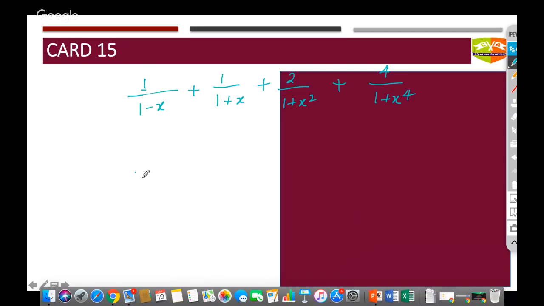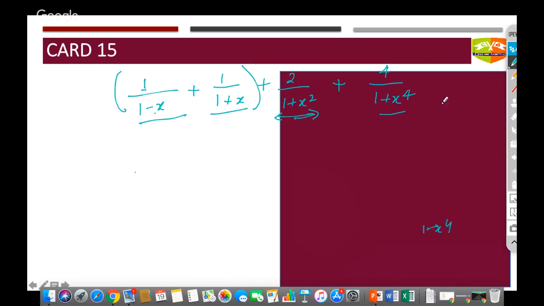Now, this kind of question, I should know that. See what happens over here if I solve this part only. In the denominator, I'll get 1 − x², and what is waiting for me to be added is 2/(1 + x²), where the denominator is 1 + x². So (1 − x²) and (1 + x²) multiplied together will give me 1 − x⁴, and I have 1 + x⁴.